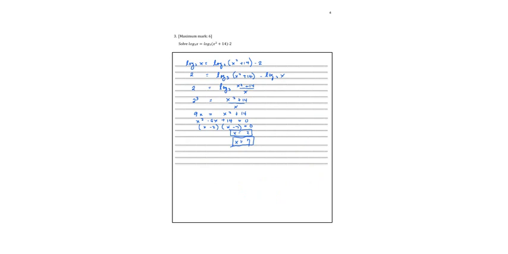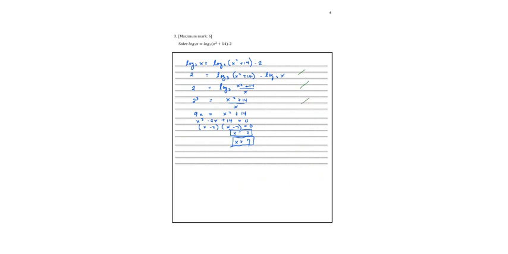So I will have 2 equals log base 3 of x squared plus 14 over this one, and then I can apply the properties of logarithms, and then change this to exponential notation. Since the base is 3, removing the logs, I can write this as 3 raised to 2 equals this.